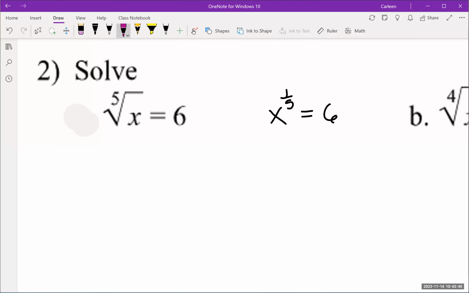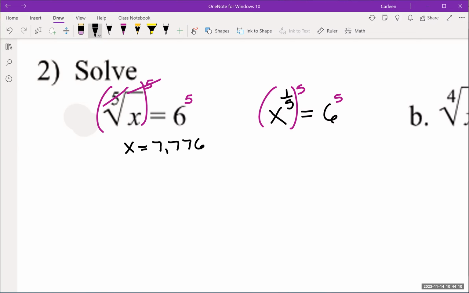What am I going to do to both sides? So we're going to raise it to the power of 5. Okay, 5th power cancels 5th root. With your calculator, 6 to the 5th power is 7,776.